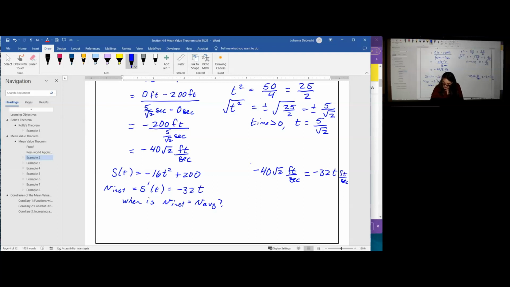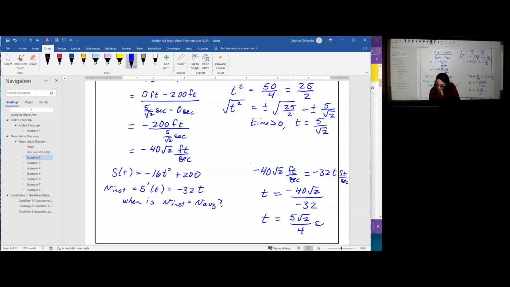When I look at this, I want to simplify and isolate the t. This is going to give me t is equal to negative 40 square roots of 2 divided by negative 32. The negatives will cancel, and 40 and 32 are both divisible by 8. So the time when they're equal turns out to be 5 square roots of 2 over 4.